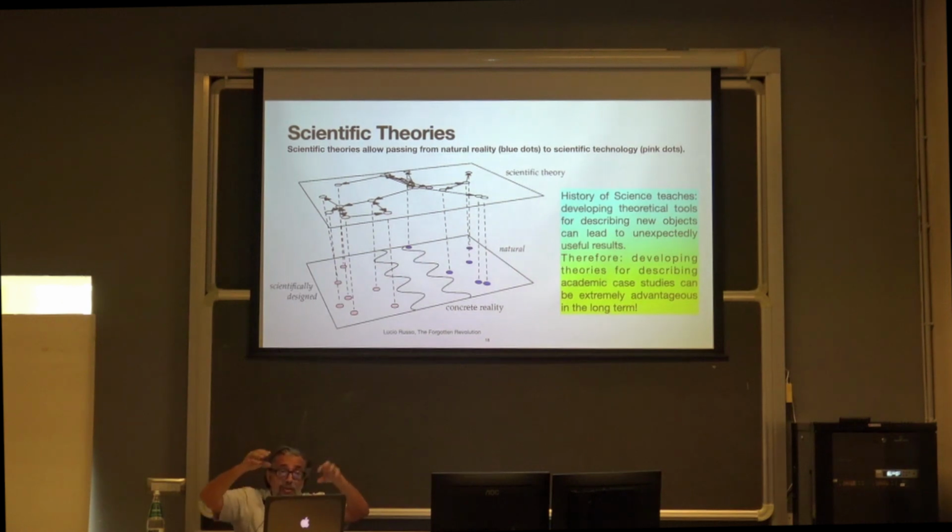Some concepts correspond to some aspects of concrete reality: deformation, displacement. Some concepts, look, there are some dots at the top, do not correspond to anything downstairs. Forces. Okay? Very important theoretical concepts without any correspondence to reality.